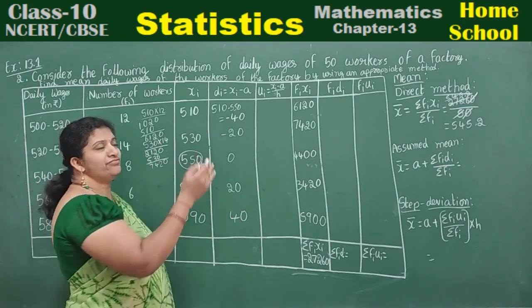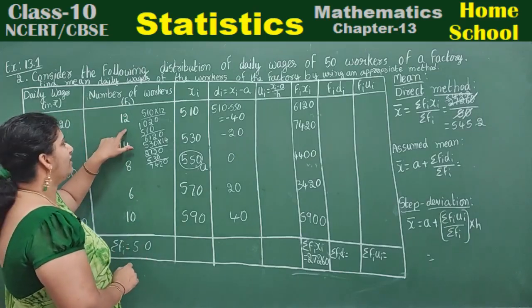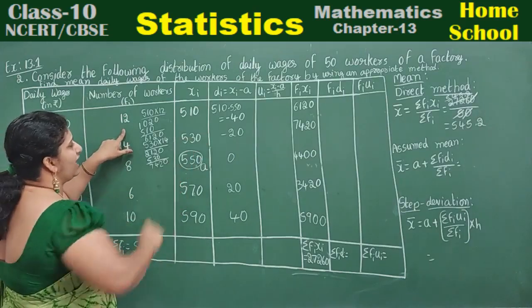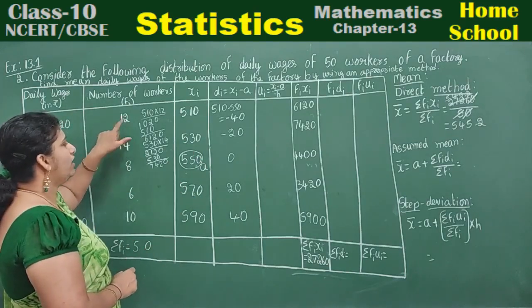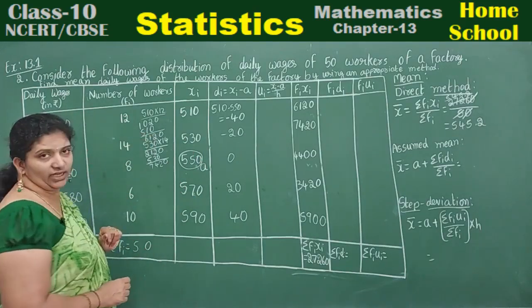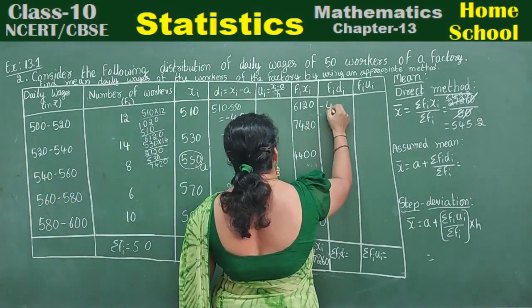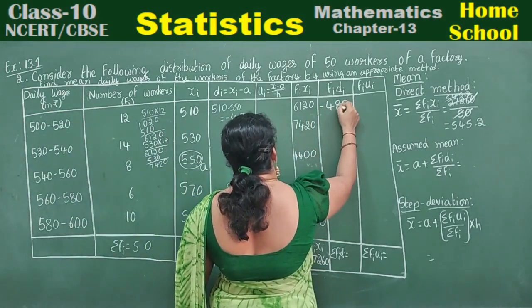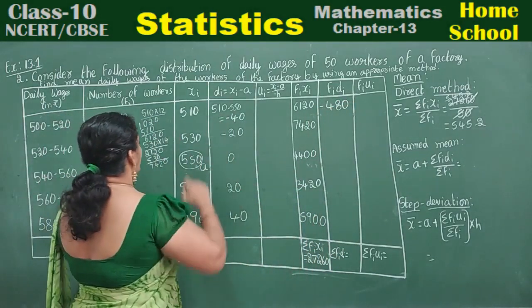Next, Fi Di. Try to multiply. Where is your Fi? Fi is here and Di is here. 12 4s are 48. So 12 40s are how much? Minus 480. Next, 14 into minus 20.